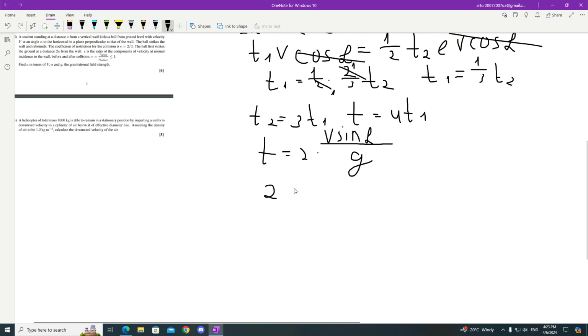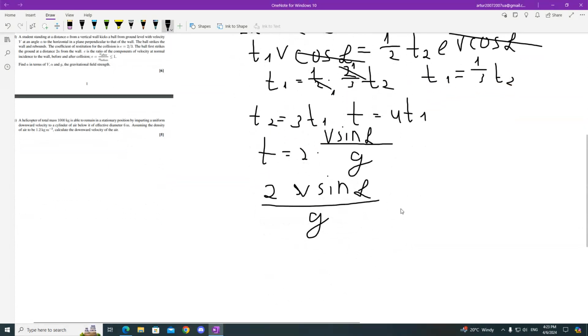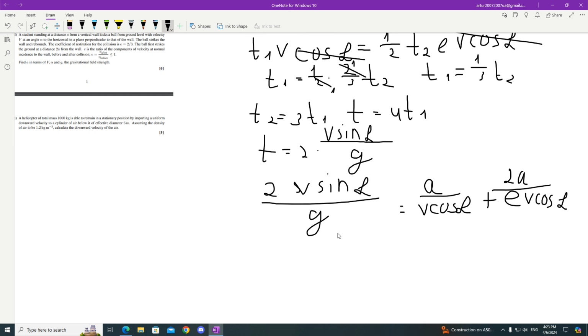Now it's simple. We just make it equal. So 2V sine alpha over g equals t1, which is A over V cosine alpha, the horizontal speed, plus 2A over e V cosine alpha. Now it's simple algebra.